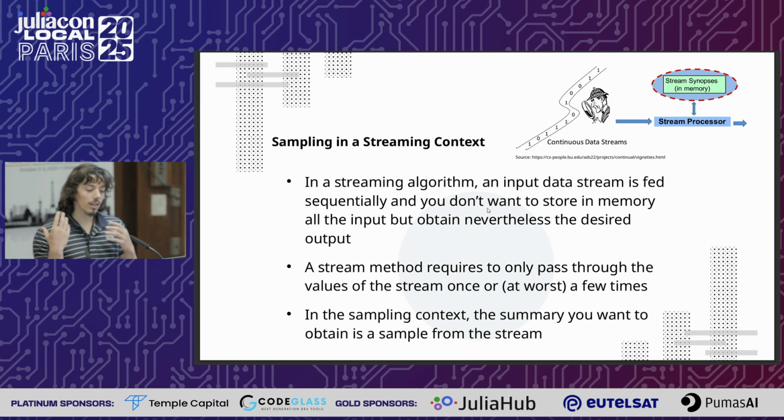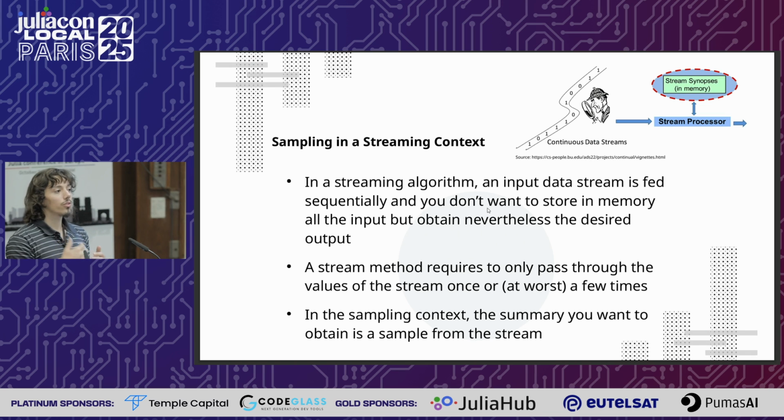But first, let's define what is the streaming context I'm talking about. We are talking about an input stream which is fed sequentially, and you want to sample from this input stream without storing the population, which is this input stream, in memory, and just store the sample.